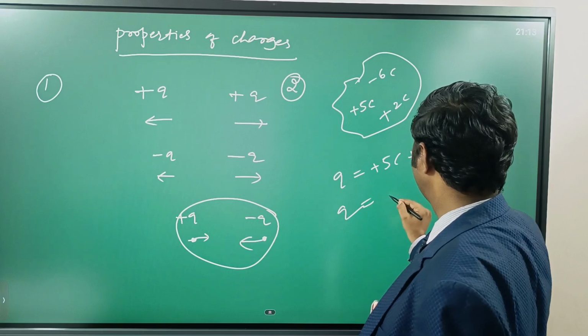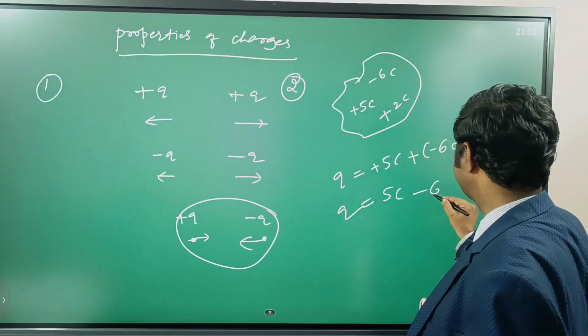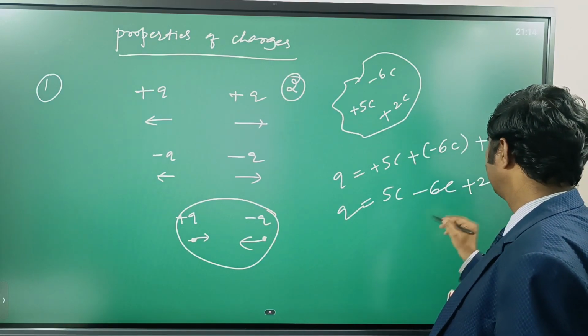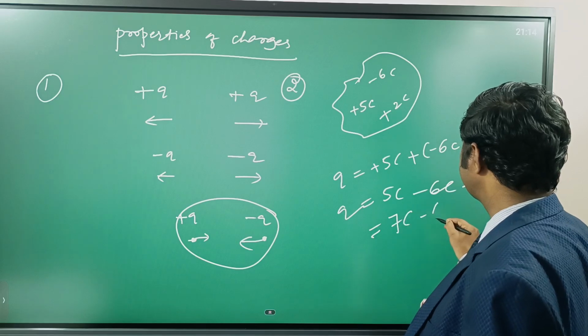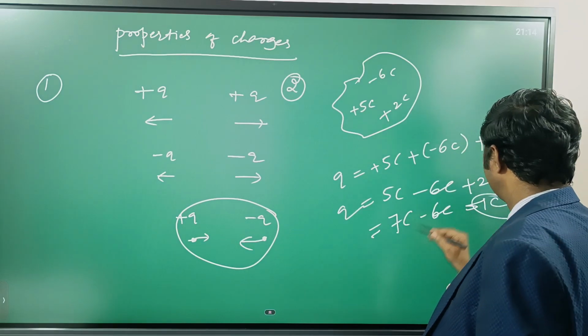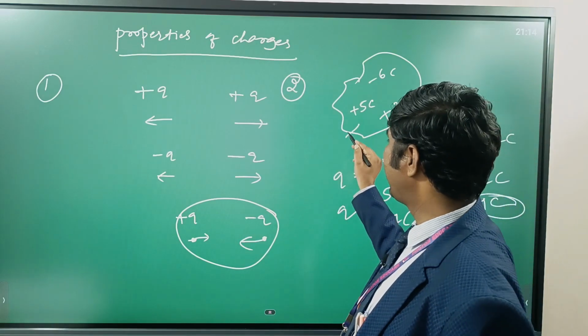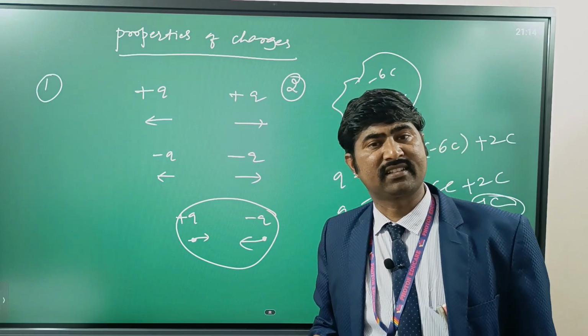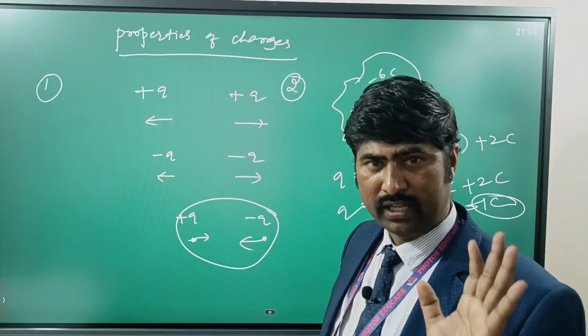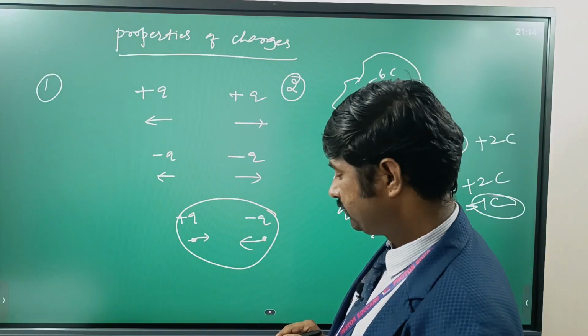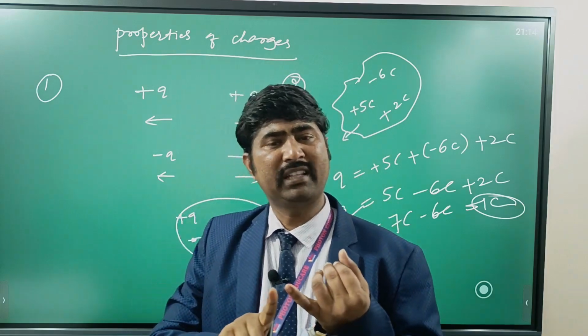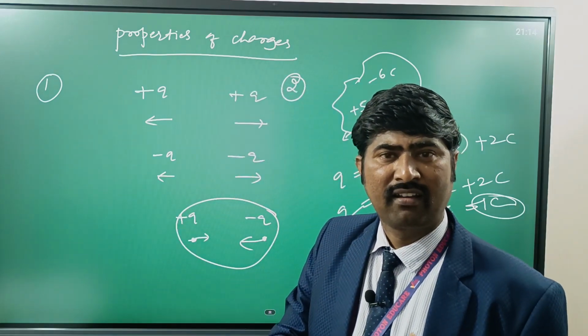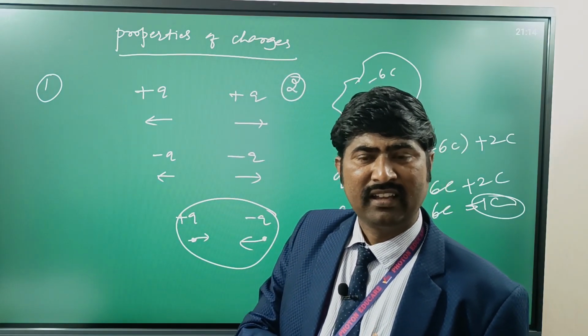Q is equal to 5 coulomb minus 6 coulomb plus 2 coulomb, that is 7 coulomb minus 6 coulomb, that is 1 coulomb of charge. What I mean to say is, charges are additive in nature. We can add charges using ordinary algebra. Are you clear?